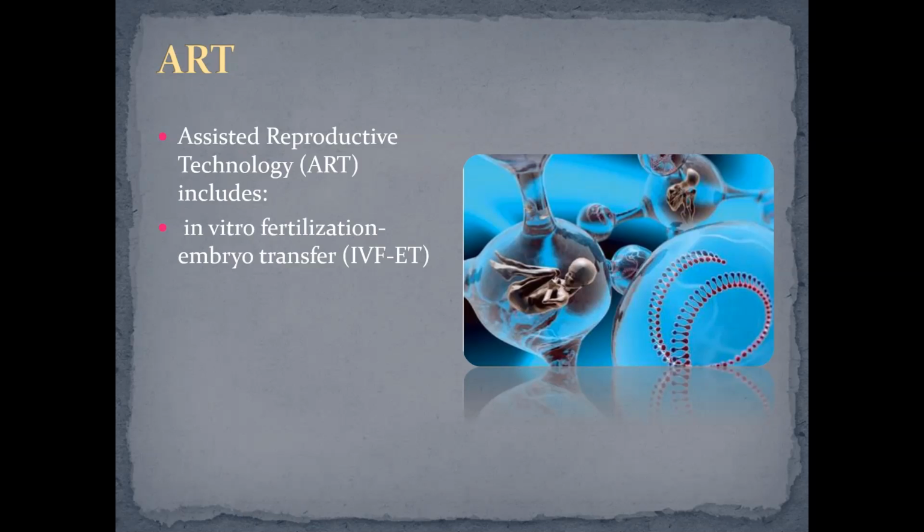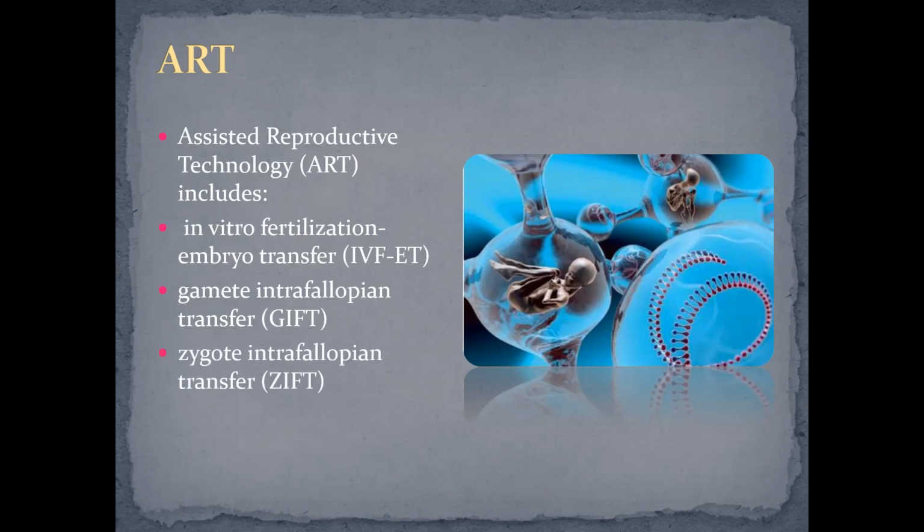on the exact situation. Gamete intrafallopian transfer, or GIFT, is when we transfer the gamete inside the fallopian tube to imitate the normal process of fertilization, but this method hasn't proven itself.